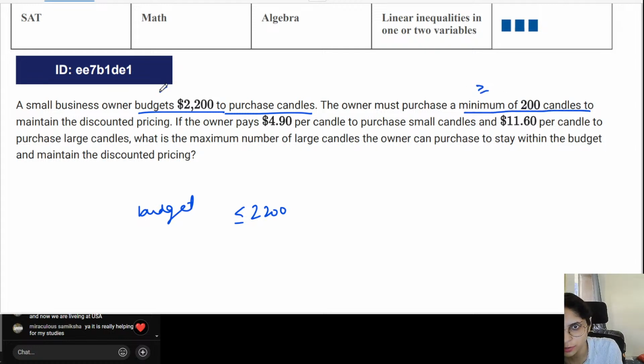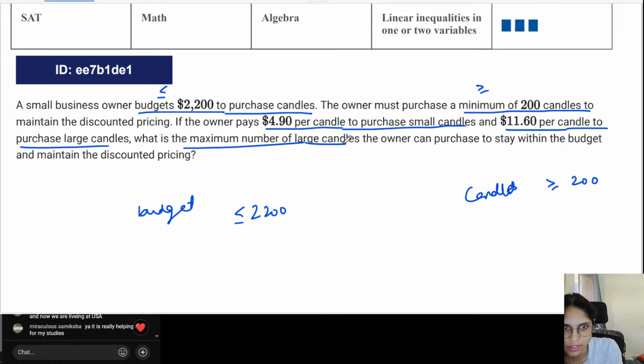Budget means less than or equal to. So candles is greater than or equal to 200. If the owner pays $4.90 per candle to purchase small candles and $11.60 per candle to purchase large candles, what is the maximum number of large candles to stay within the budget and maintain the discount pricing?